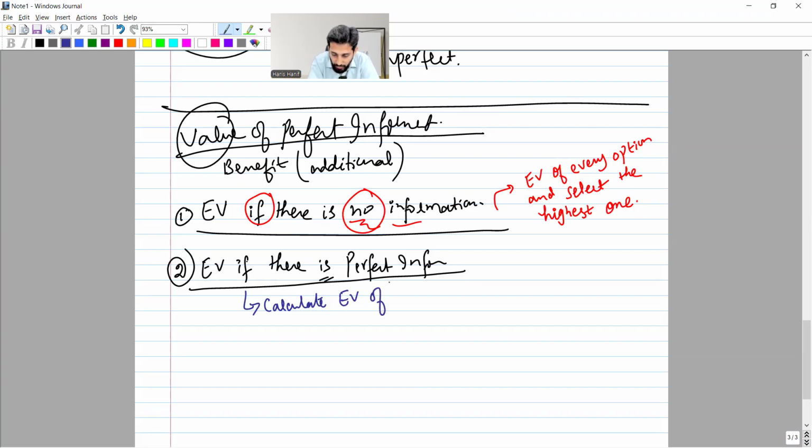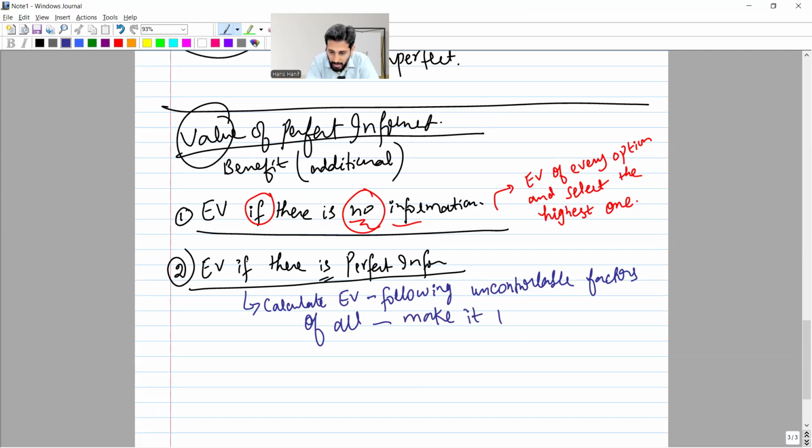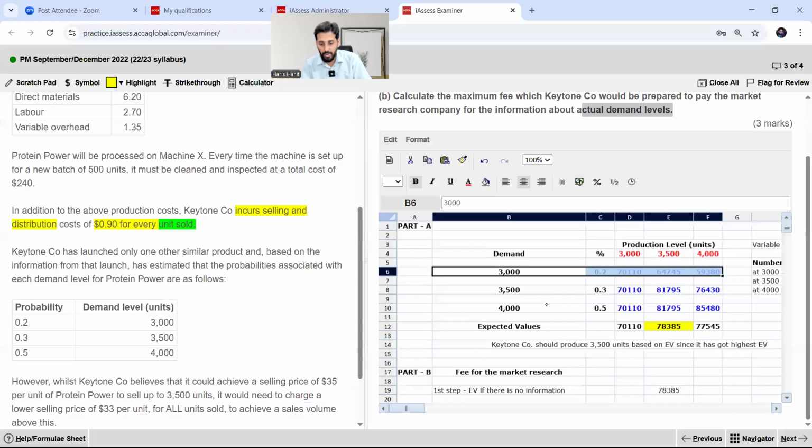Calculate EV of the following uncontrollable factors of all, and make it 100% as well. Now let's move on.